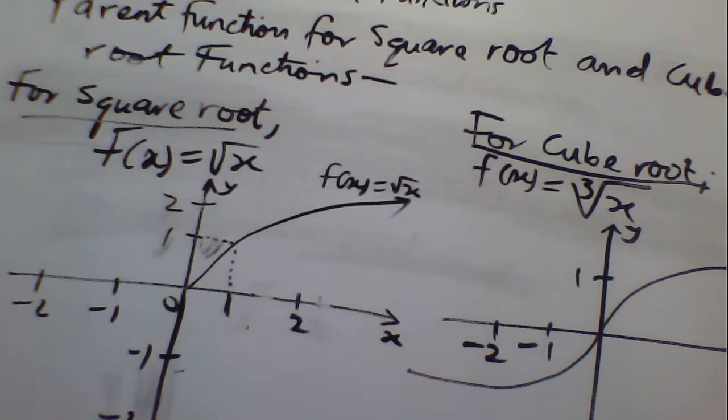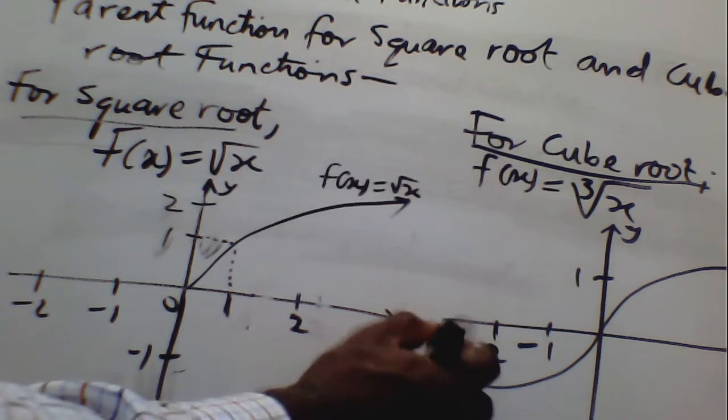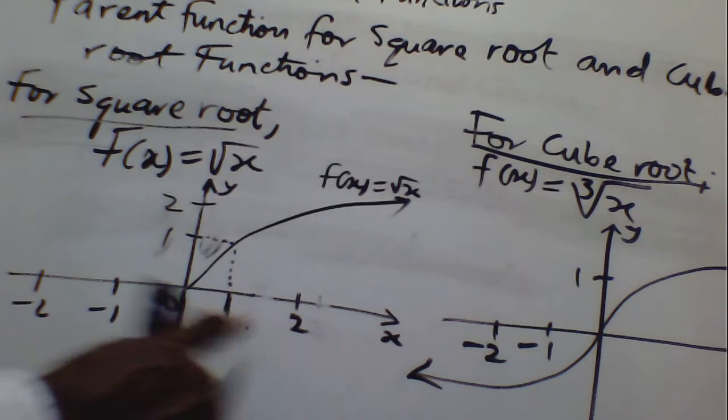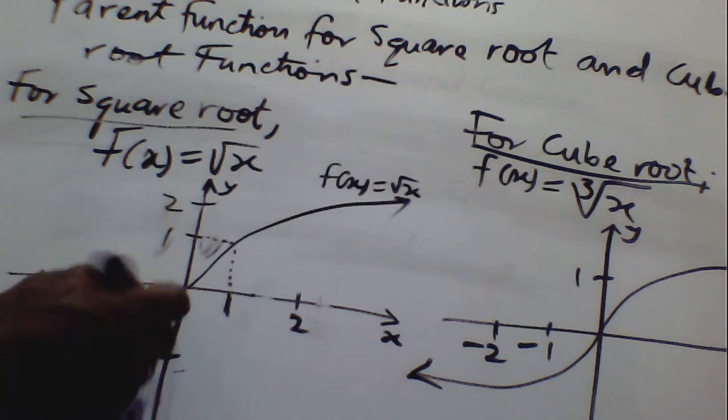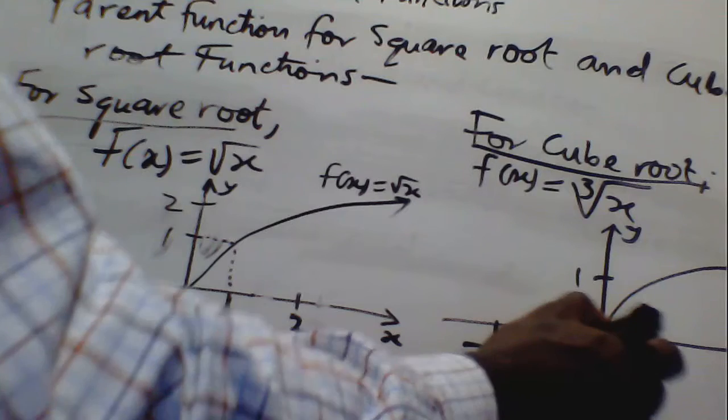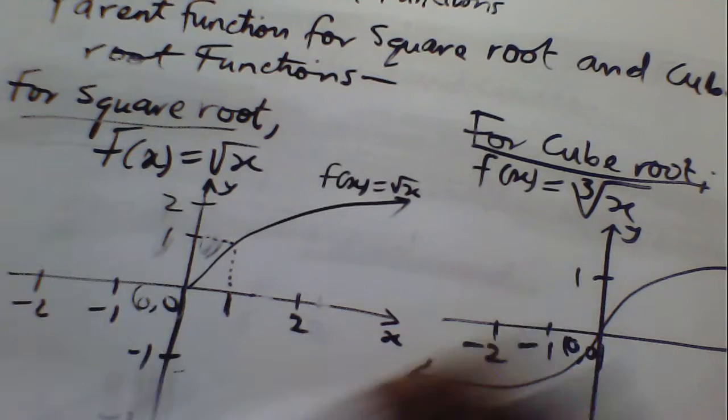This is how the graphs will look. Because it's cube, it will look like this, passing through the origin. All the parent graphs pass through the origin at 0, 0, when y is 0 and when x is 0.